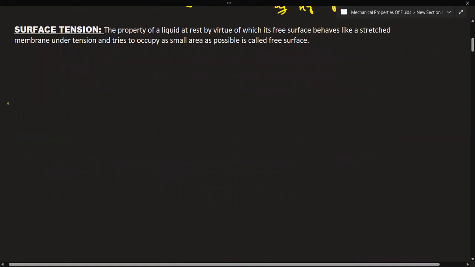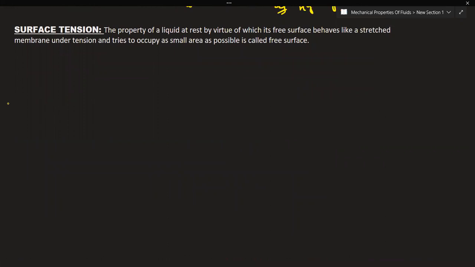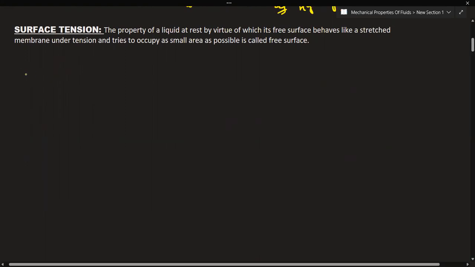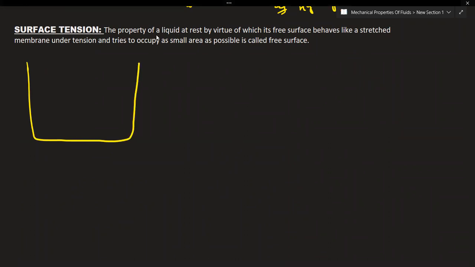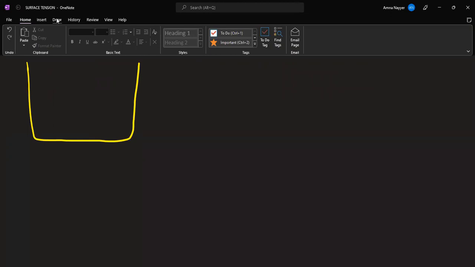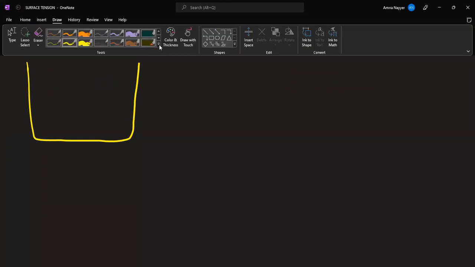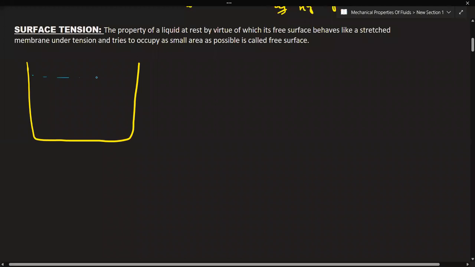Now see, the next phenomenon we have is known as surface tension. It is based on these forces only. The molecules of a liquid attract each other. I draw a vessel, and I have filled it with a liquid.